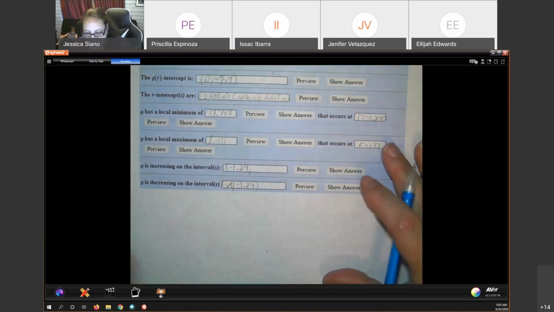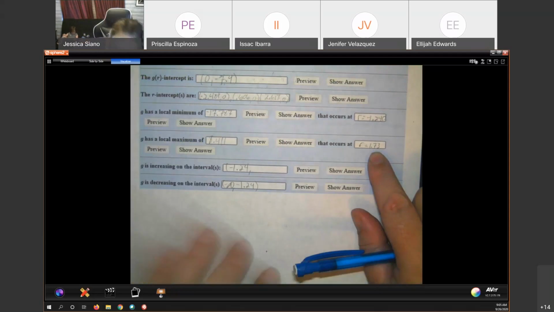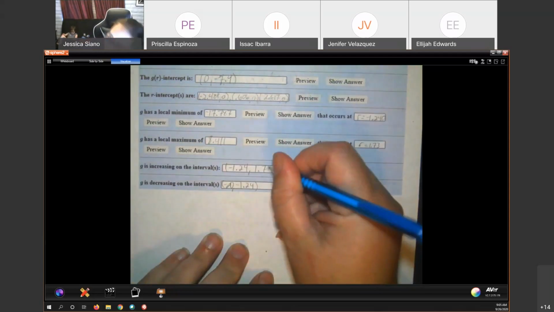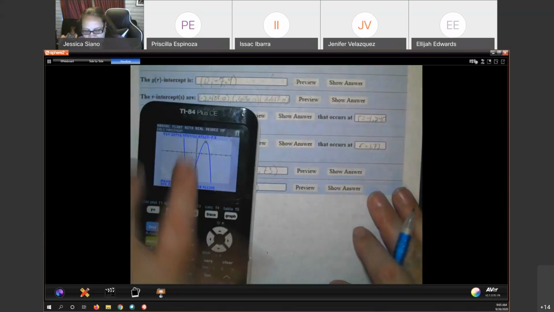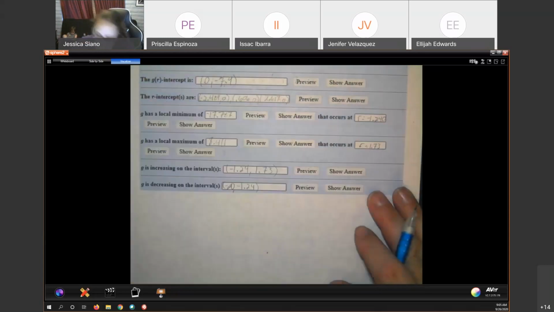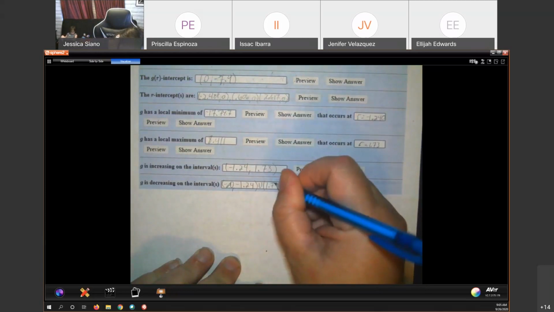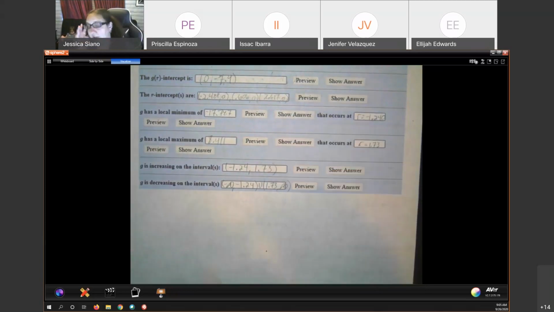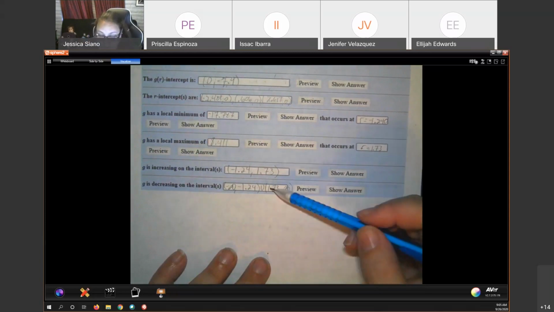And it stops increasing at that maximum. After that, decreasing again. So it starts decreasing at that maximum. And it will continue to decrease forever. Okay, so these two numbers are the only numbers that you should have in here. Okay.